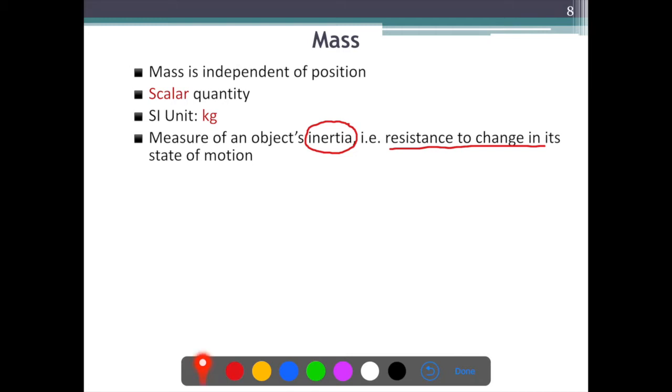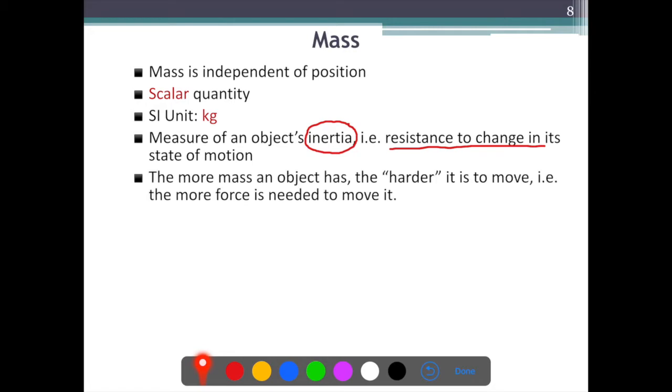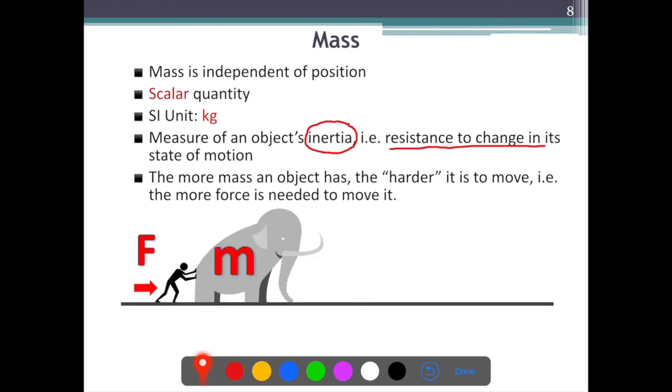It's the same as saying that the higher the mass, or the more massive the object is, the more difficult it is to change the direction of its motion. Or the more difficult it is to move that object.